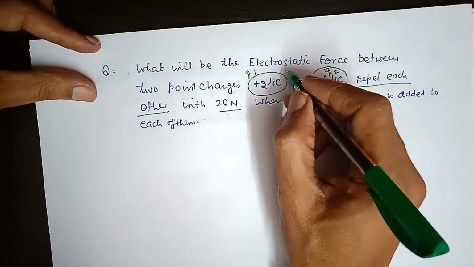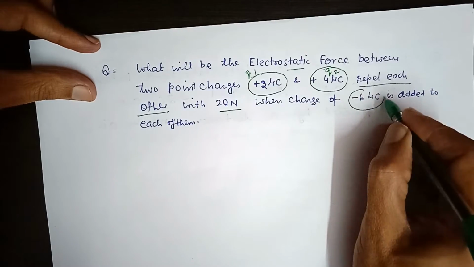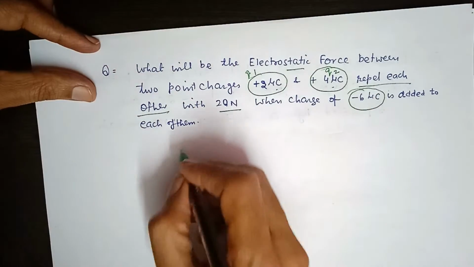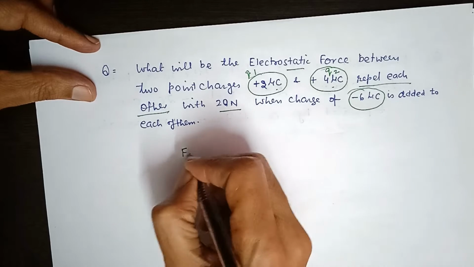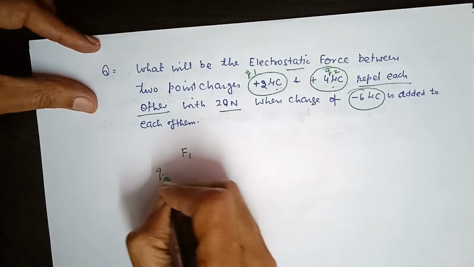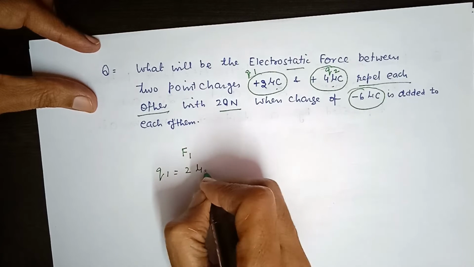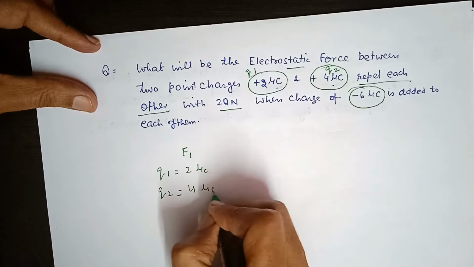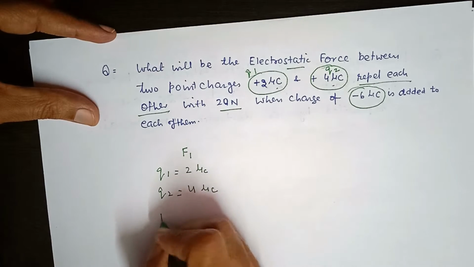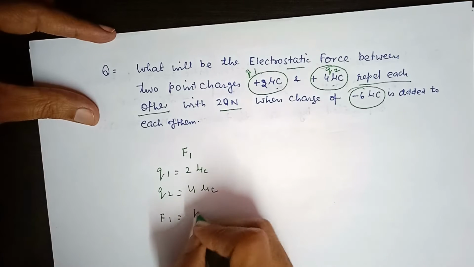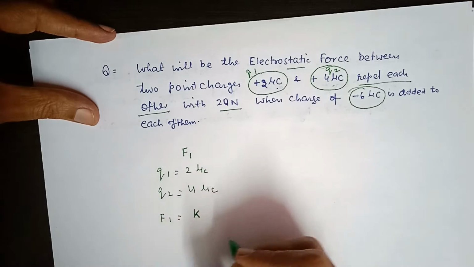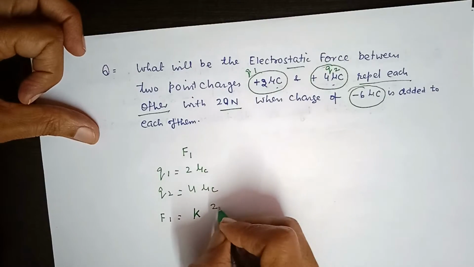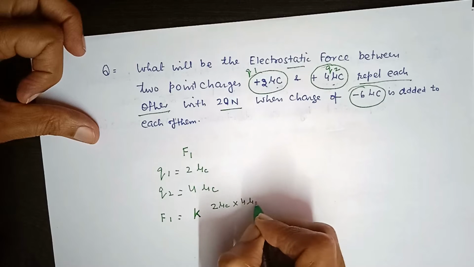Now what will be the electrostatic force if minus 6 microcoulomb is added to both these charges? See, in the first case, Q1 is equal to 2 microcoulomb and Q2 is equal to 4 microcoulomb, then F1 will be K, electrostatic constant or permittivity of the medium, into 2 microcoulomb into 4 microcoulomb.